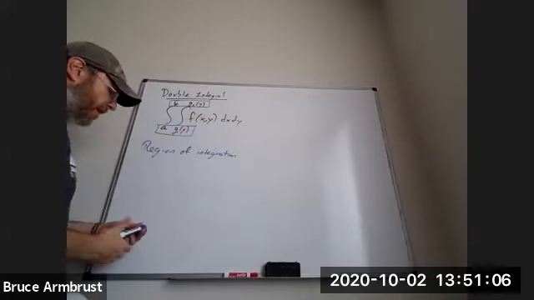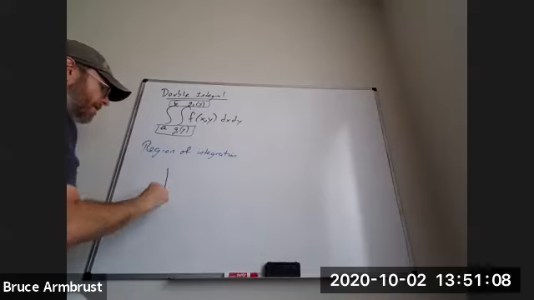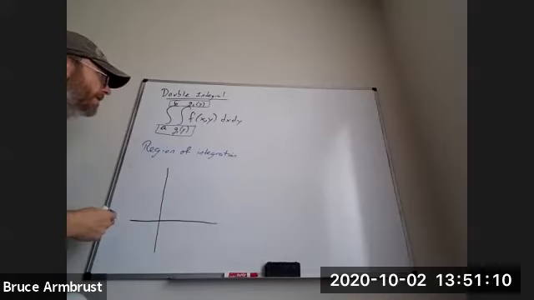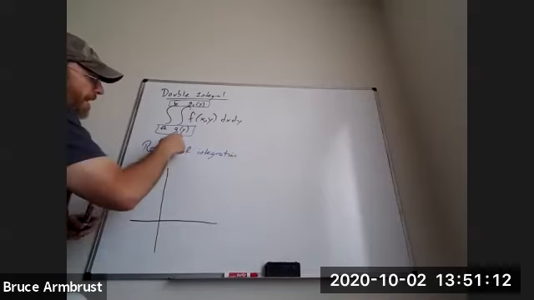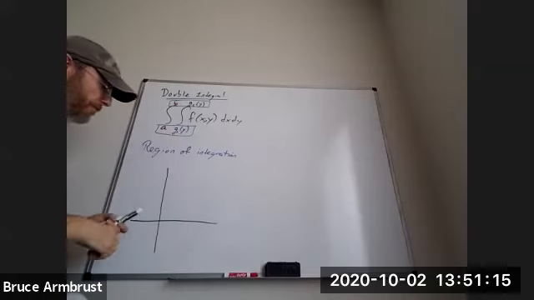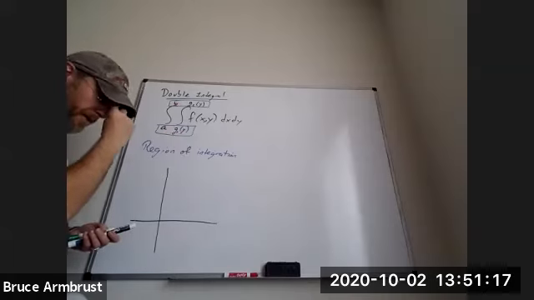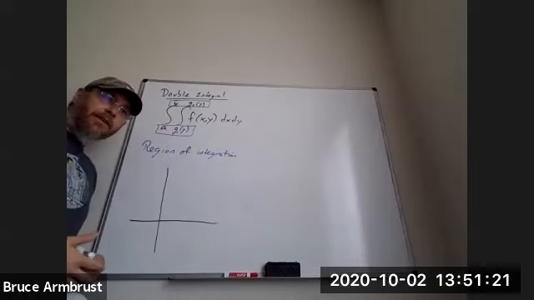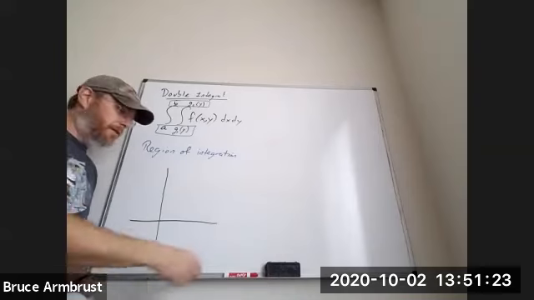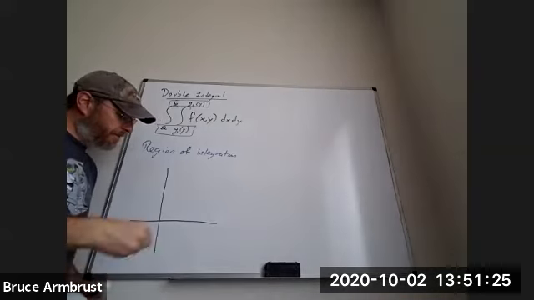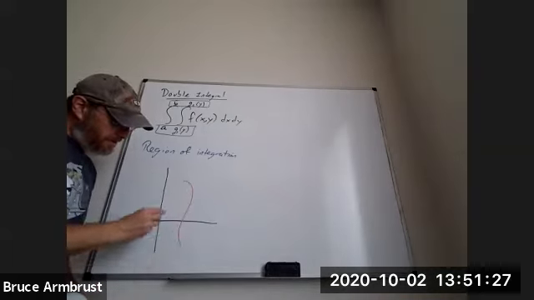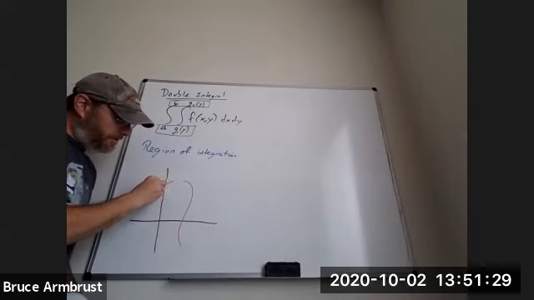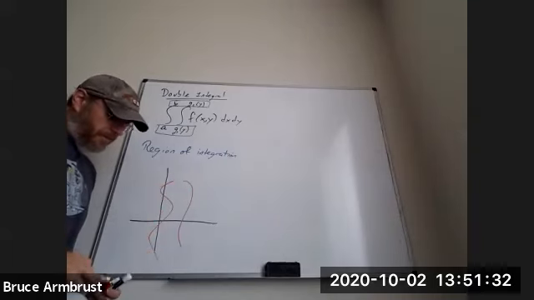If I was going to draw this region, here's how I do it. I start by looking at these two functions, g1 and g2. Now, since these are functions of y, that means they're going to be turned sideways. So we're going to have some kind of a function that's sideways.